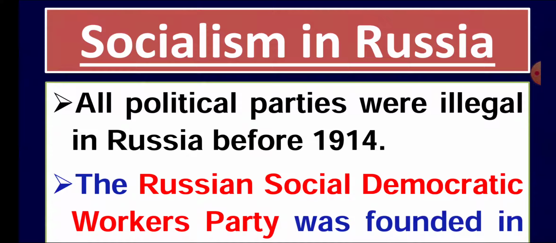Next, we have socialism in Russia. As I told you, for any revolution there are philosophical ideas, the rise of middlemen, or new sentiments, because the French Revolution brought the idea of liberty, equality and fraternity.